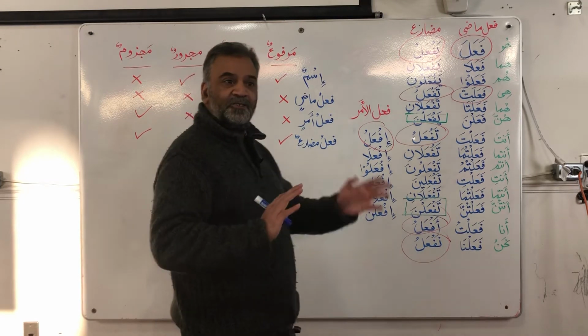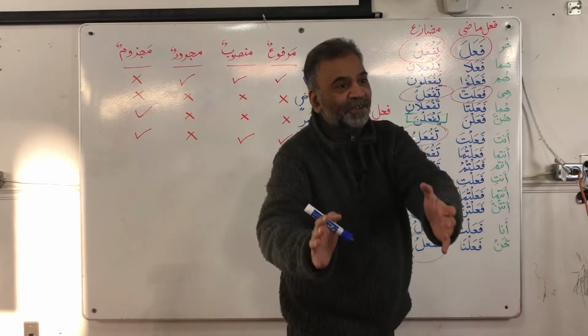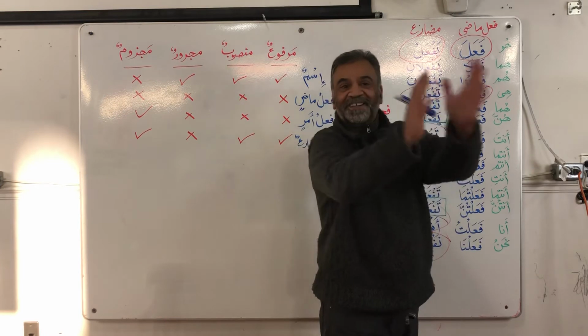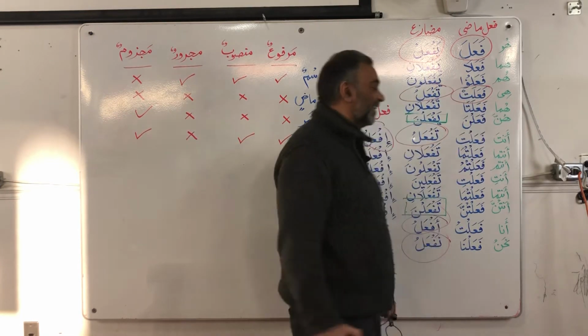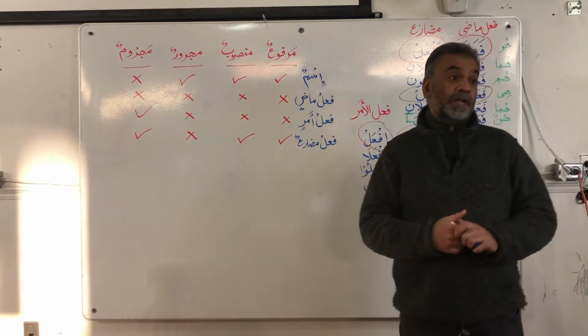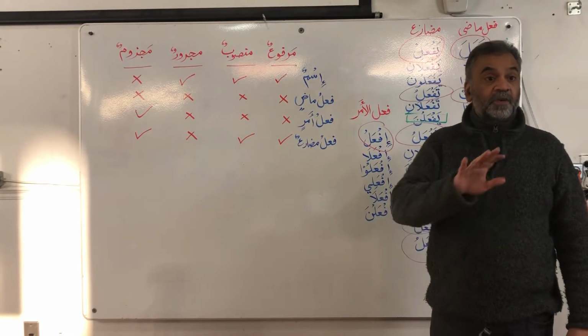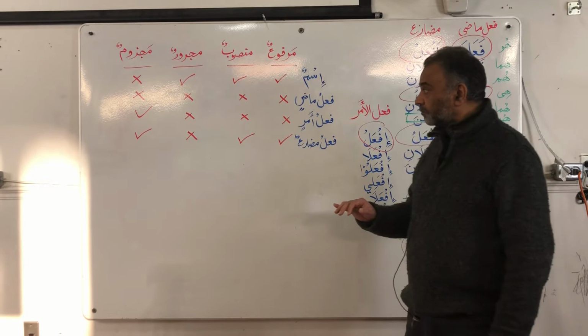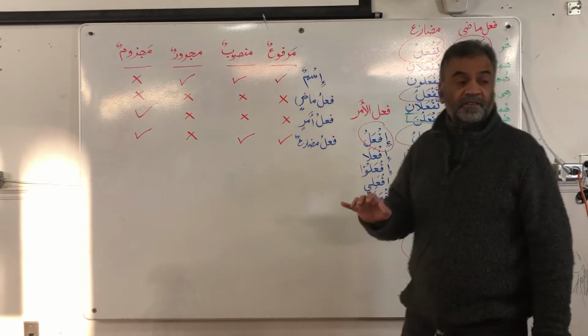There is two-way communication. There is communication going on with the class, and there is communication going on with the students who are present here. Fi'l amar are majzoom only. Okay, they are only majzoom.